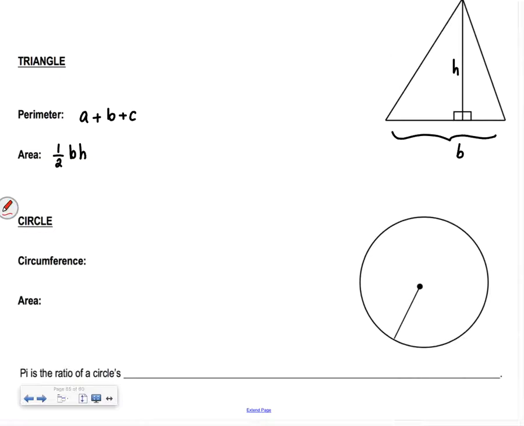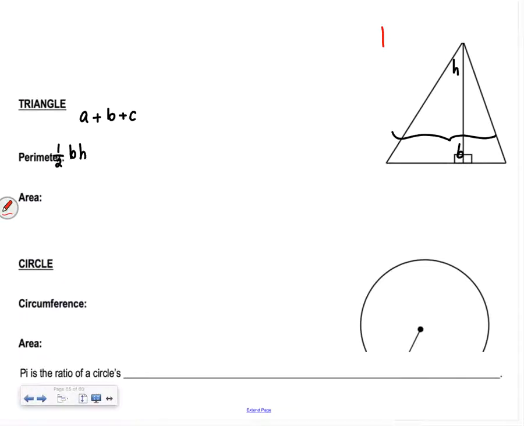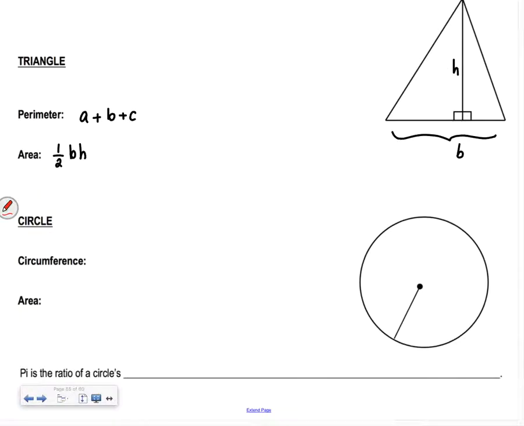If you think about why that is, I can draw a little sketch here. If I extend this up to the top of the triangle, and extend that up to the top of the triangle, then draw this line in, extending that one in, I know it's not perfectly straight, but what's created is a rectangle.